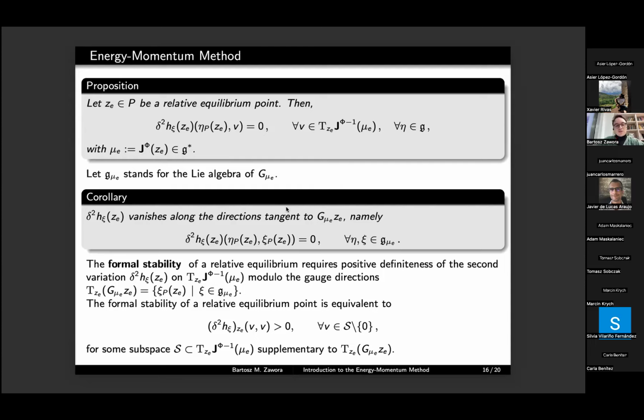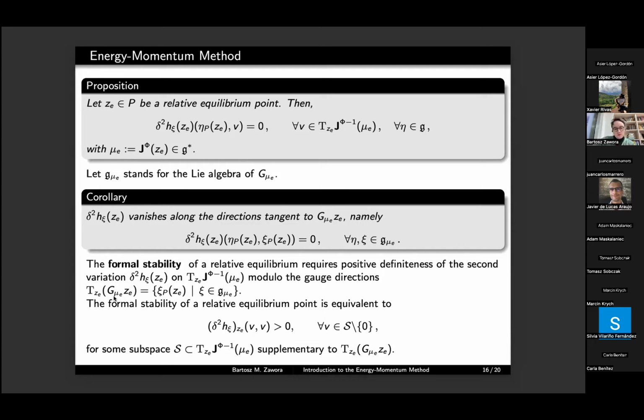And it happens that the second variation vanishes along those directions, which leads us to the conclusion that the formal stability of a relative equilibrium point requires positive definiteness of the second variation on the tangent space to the level set of the momentum map modulo the gauge directions, which are directions tangent to the orbit generated by G_mu_e.